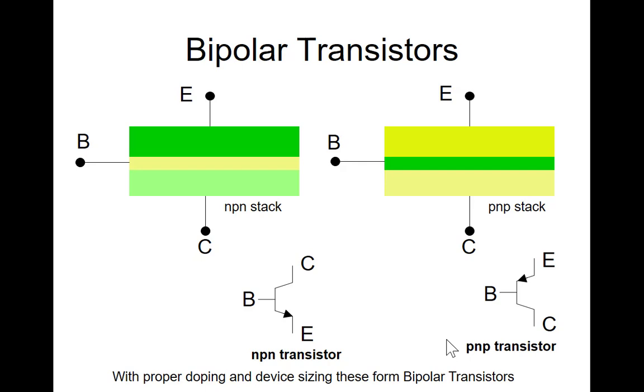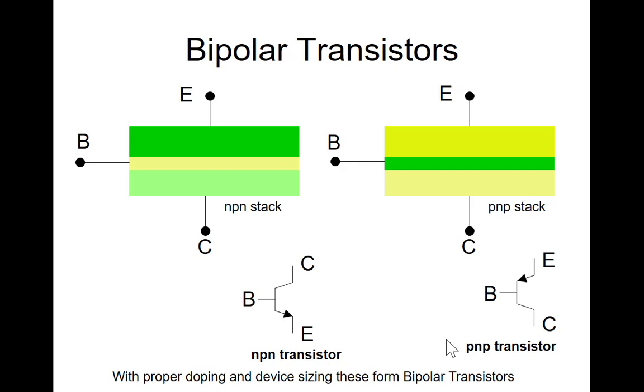A bipolar transistor is typically a stacked region of NPN material or PNP material. On the left, I have an NPN stack, and on the right, I have a PNP stack. I intentionally have one side more heavily doped than the other side.